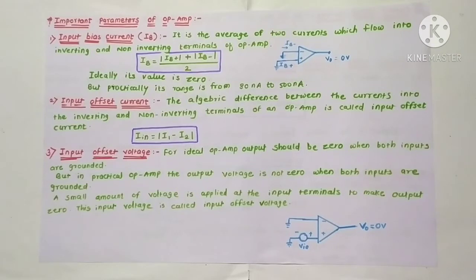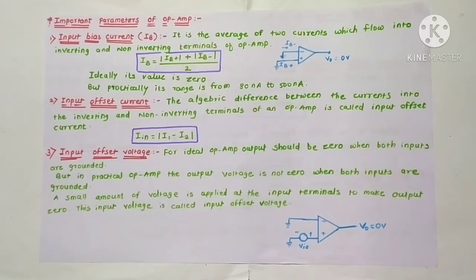Students, we have discussed previously what is meant by drift. Drift means this is unwanted signal, that is, change in the output voltage without change in the input voltage. So this factor, slew rate, drift, all these parameters are to be considered while designing the op-amp circuits.